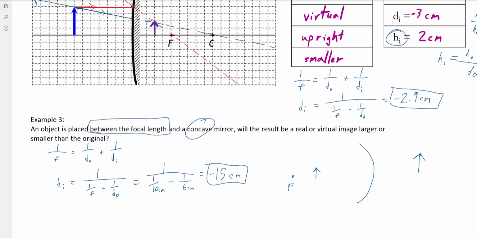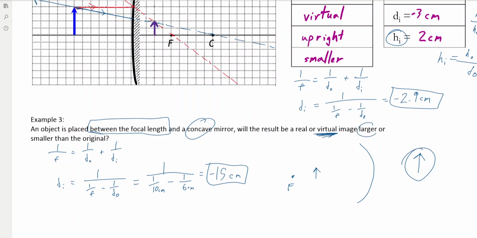Now, this is a weird spot for it to be on a concave mirror. But the point is that you could have a virtual image and it is past the focal point, which means that the virtual image is going to be larger than the original.